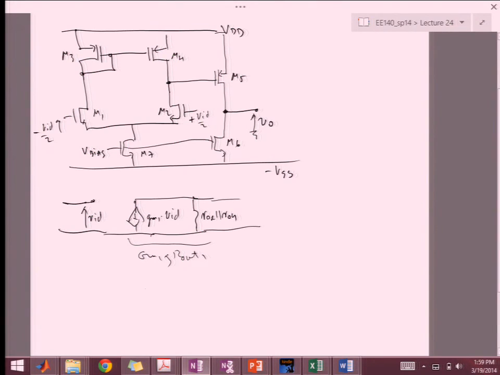Now, this is the same as we said: the amplifier can be represented with GM, V in, and then R out, right? So we know already what the answer is for these two for the current mirror one. And then I have some capacitor, C1, on this node over here.